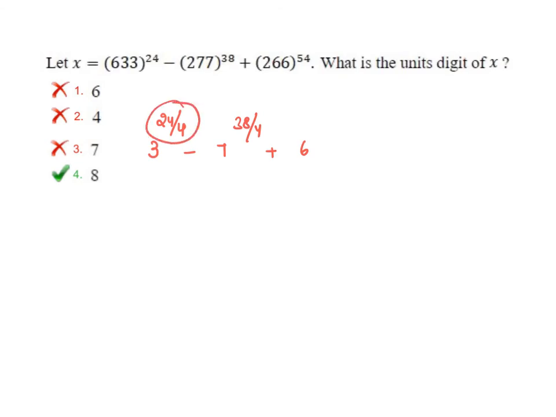When the remainder is 0, take 4. 3 power 4 ends with 1. The remainder is 2 here. So 7 square ends with 9, plus 6. So here you are getting 1 minus 9 minus 2. Minus 2 means 10 minus 2 you have to take. So the unit digit is 8 here.